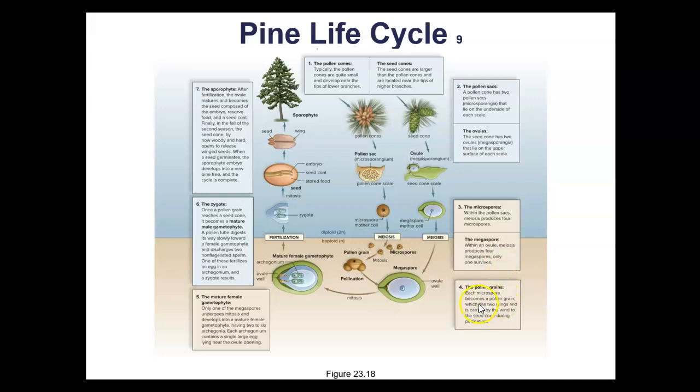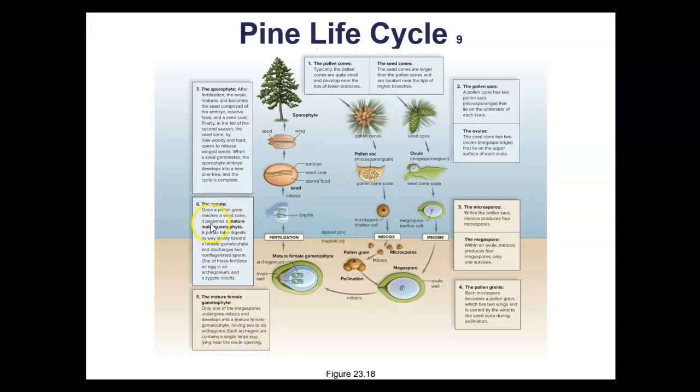And each pollen grain has 2 wings, and it is carried by the wind to the seed cone during pollination. And then it says only one of the megaspores undergoes mitosis and develops into a mature female gametophyte having 2 to 6 archegonia. Each archegonium contains a single egg.